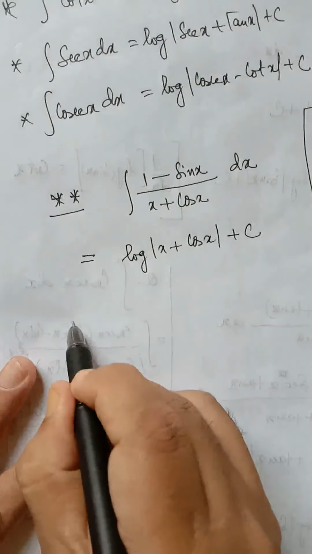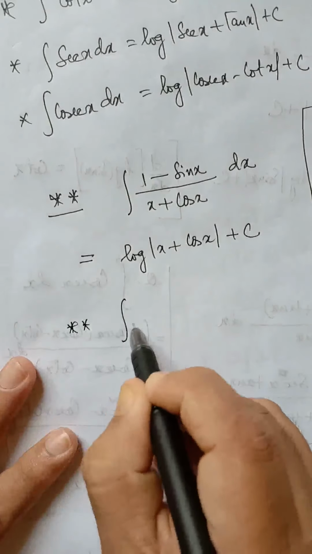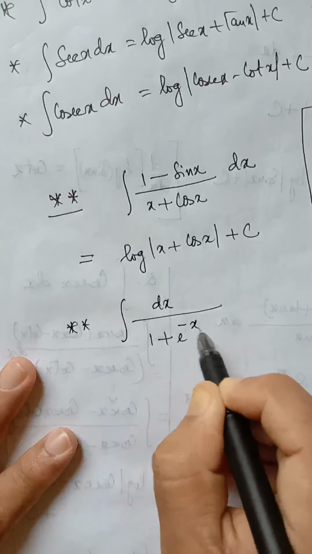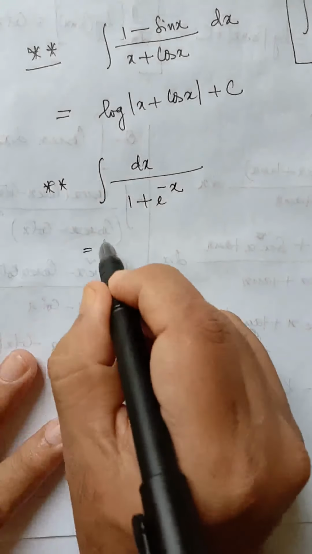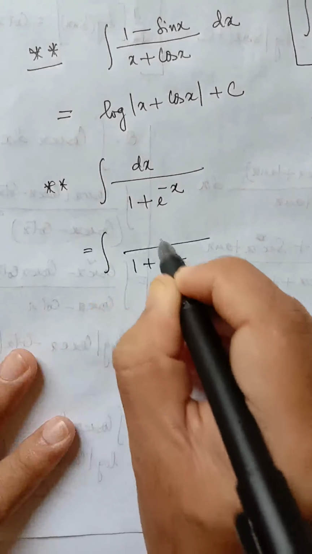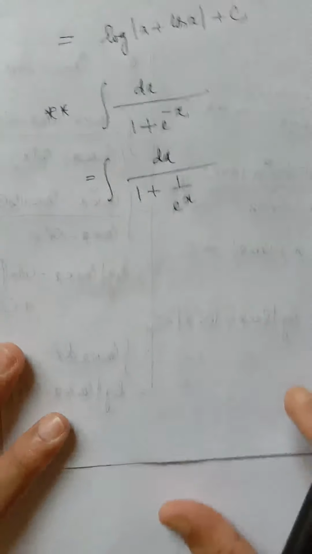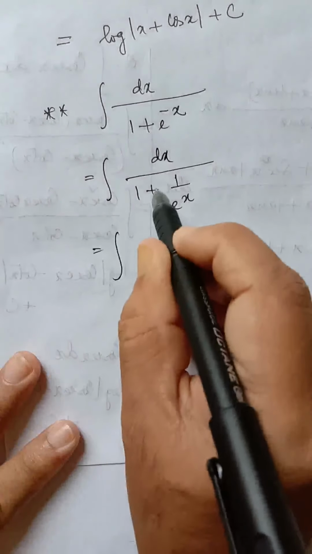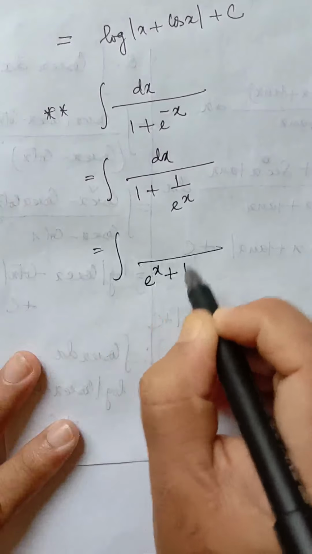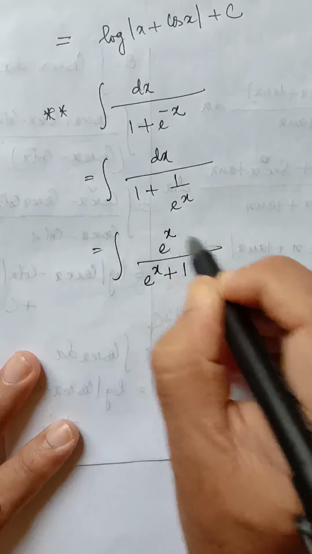Suppose you have to integrate dx by 1 plus e to the power minus x. Now e to the power minus x we can write as 1 by e to the power x. If we take LCM, the denominator will become e to the power x plus 1 and the numerator will become e to the power x dx.